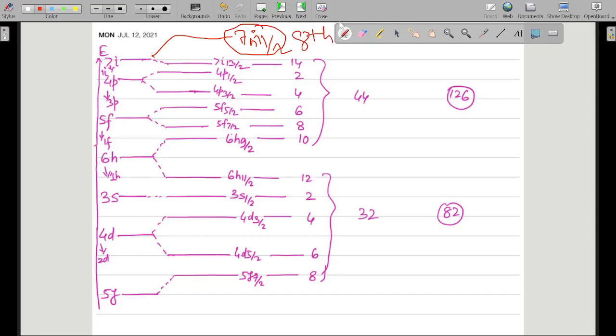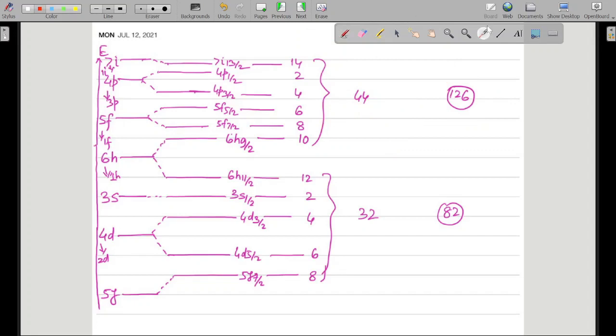Because when we calculate the total number of nucleons up to here, 82 plus 44 gives 126, which is a magic number. So the 7th shell is complete over here. So 126 magic number encountered, that's why 7I 11 by 2 has not been shown over here. Because it goes to the 8th shell, it means that it will have an even higher magic number than 126.